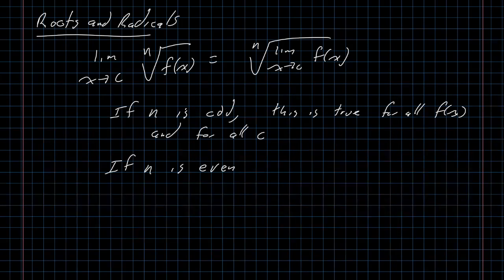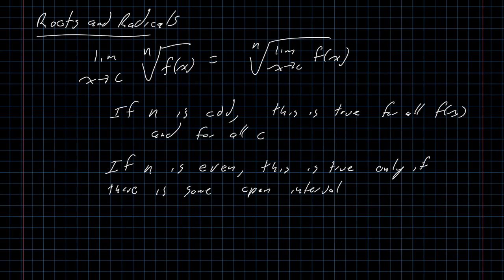So if n is even, this is true only if there is some open interval, zero less than the absolute value of x minus c less than delta. That looks familiar.